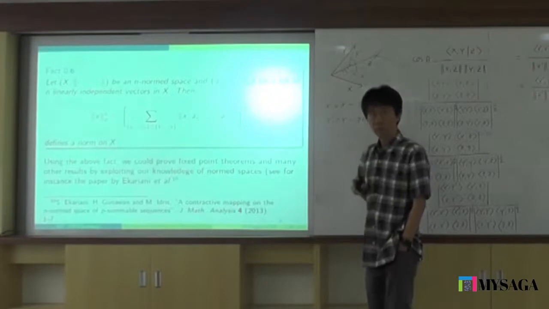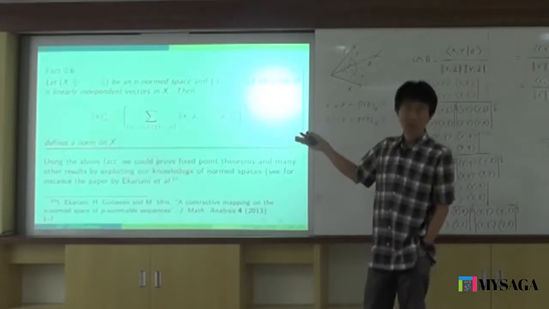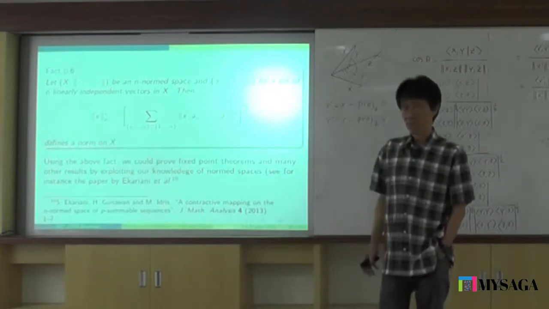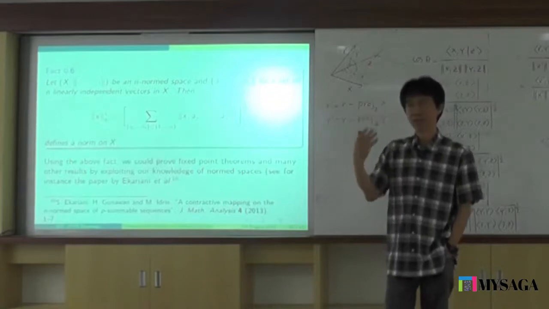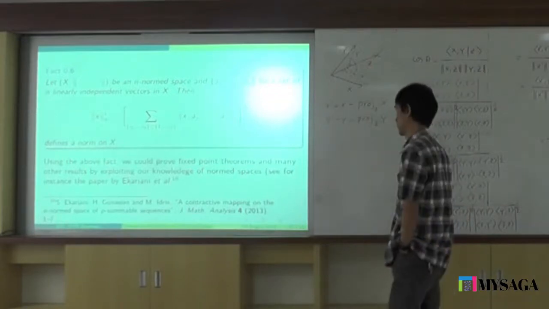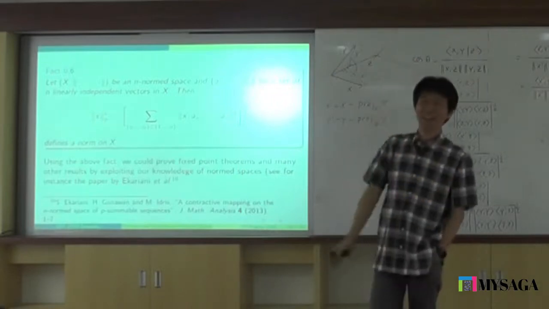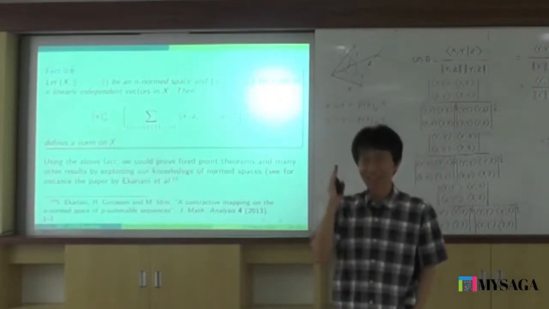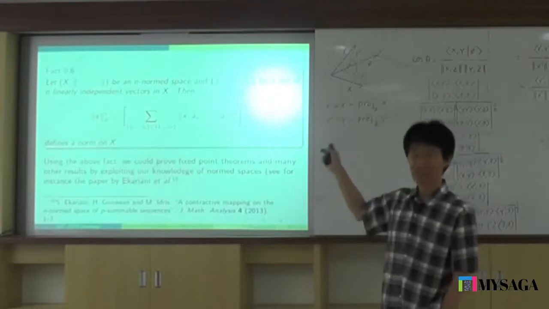Okay, we already proved the fact that if it is 0, then x must be 0. So that is the first property of a norm. And then you can check the second property, the third property, and the triangle inequality, the last property. Exercise. Prove that it is a norm, or prove this fact.